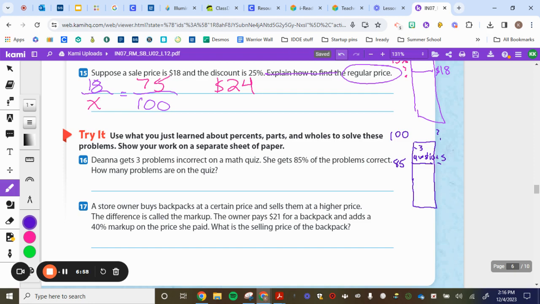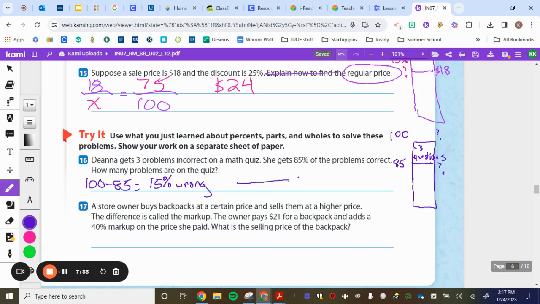And I also don't know how many questions she got right to get 85. But I can find out what percentage represents the 3 questions. So if she got 85%, I can do 100% minus 85%. So if she got 85% correct, that means she got 15% wrong.